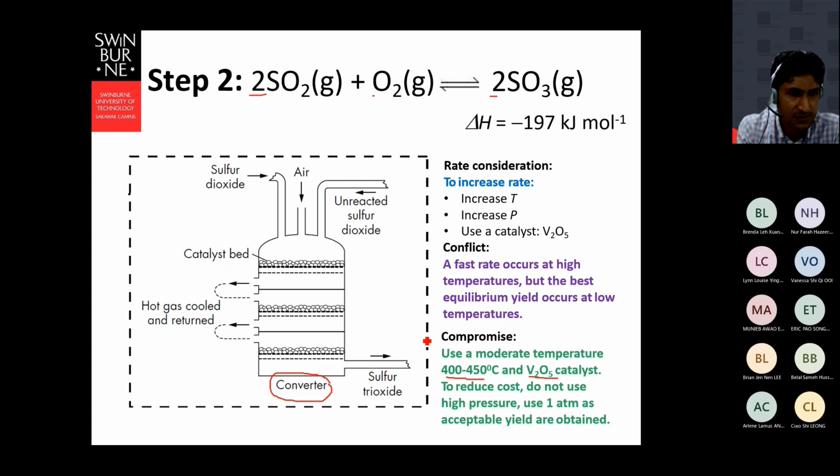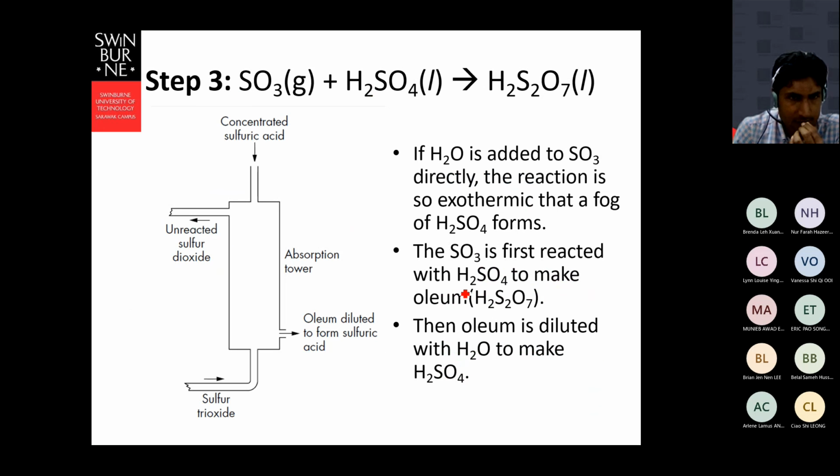So at high temperature, I don't need to use it. And also we can reduce the temperature from that exothermic reaction and use the catalyst, so that both is a simultaneous process. It will produce the most sulfur trioxide.